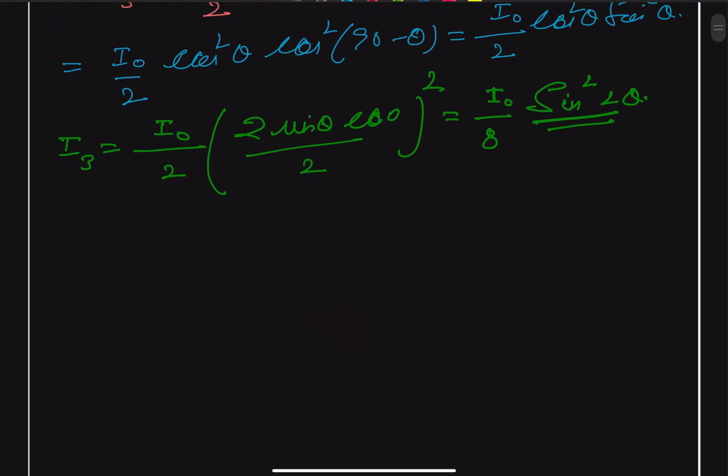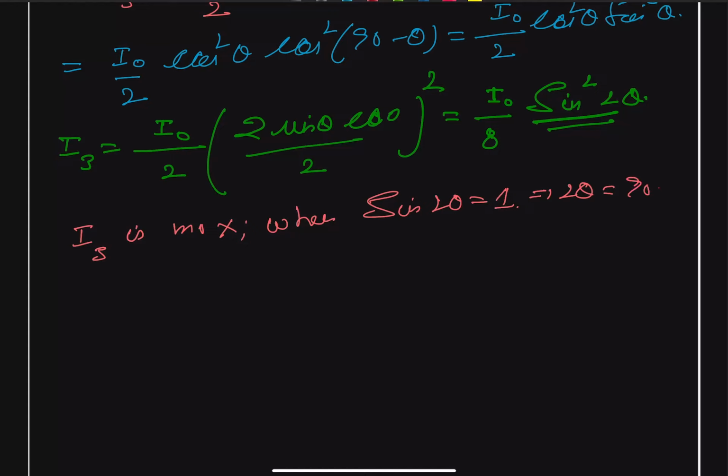So I3 is maximum when sine 2 theta is equal to 1, or we can say 2 theta is equal to 90.